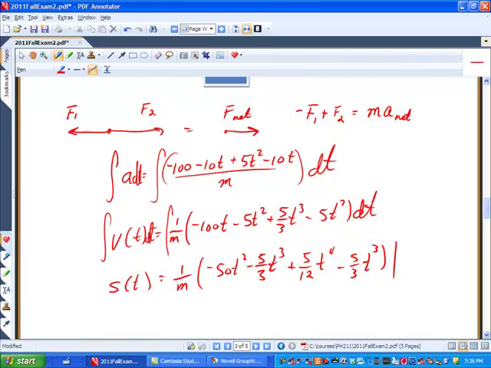And we're evaluating from 0 to 10 seconds. And I'll go ahead and let you plug in the numbers. Does anyone have a number for this one?